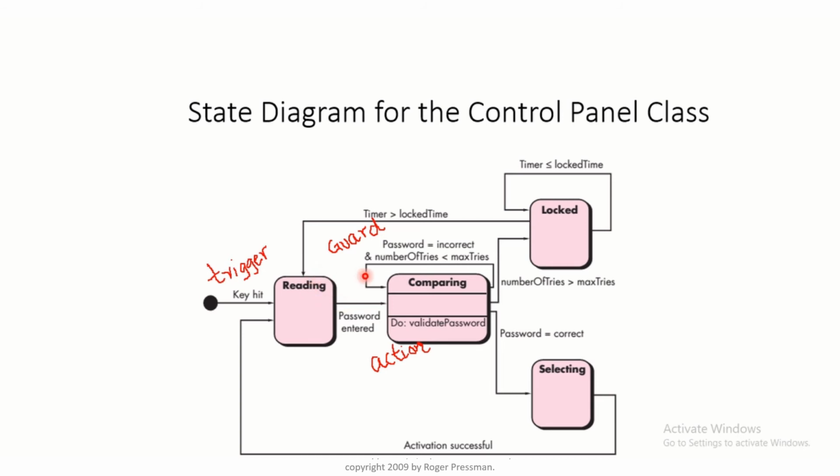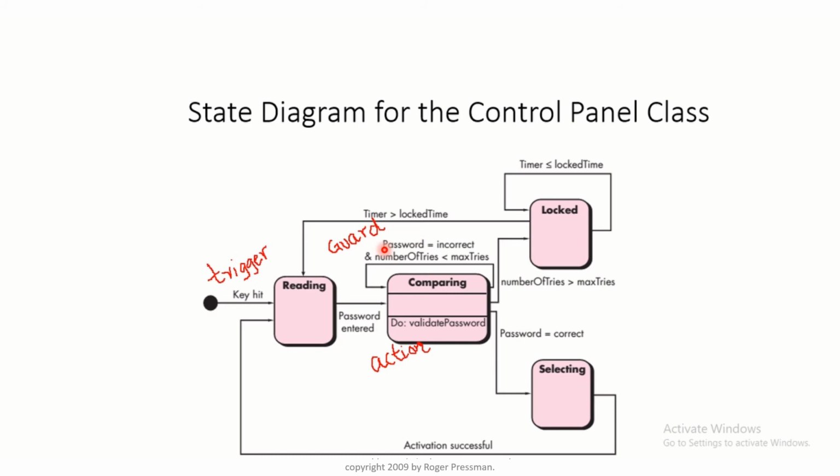And here is an example of a condition or constraint that will take you to the same state again and again until you reach the maximum tries. This is the concept of a self state, where you keep on coming to the same state again and again until the condition fails.